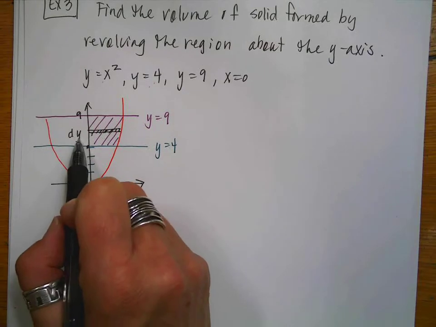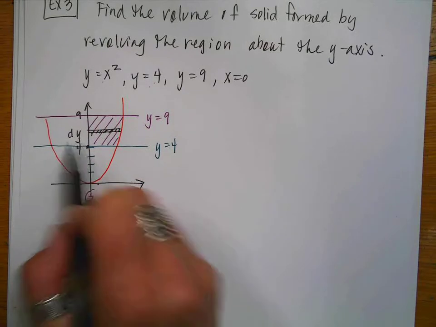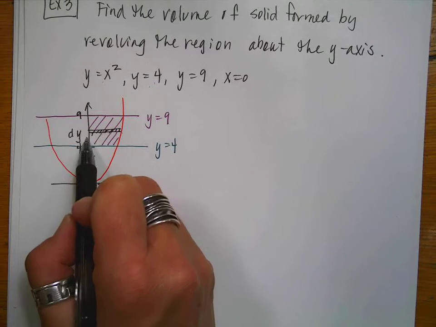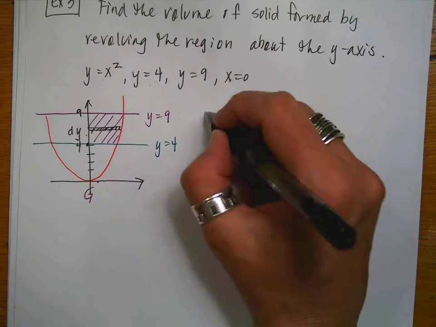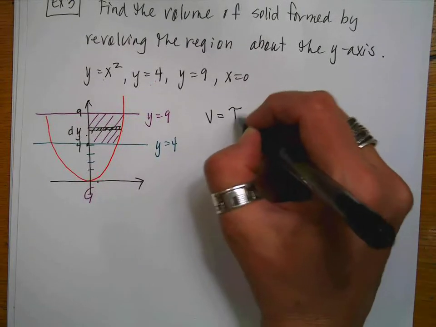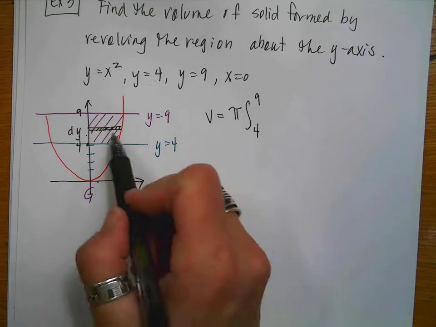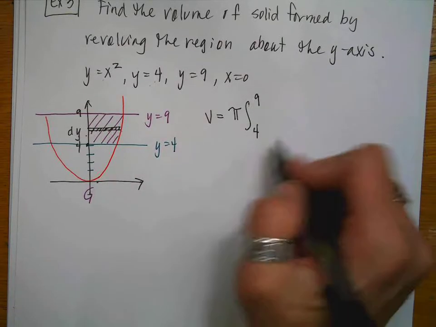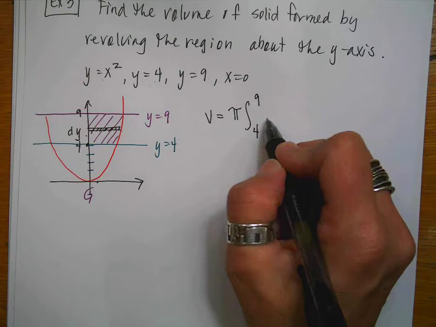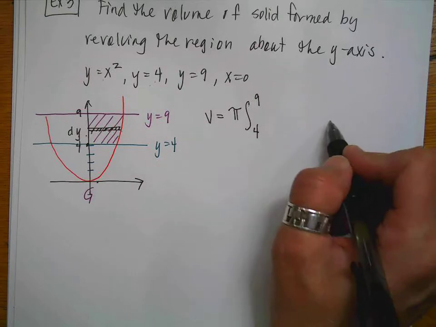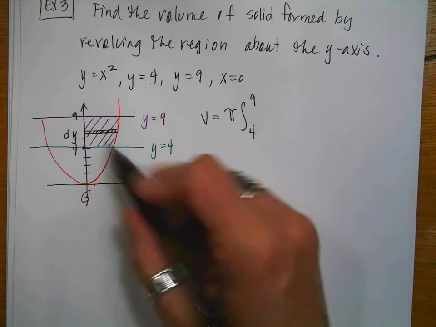And because I'm revolving about the y-axis, it's going to be the same thing as our area of a region. It's going to be right minus left, okay? So my volume is going to equal pi. I'm integrating from 4 to 9. And now I'm just going to start setting this up in here instead of writing it.